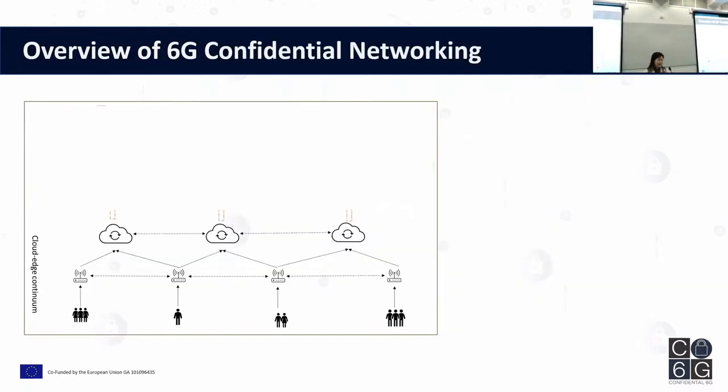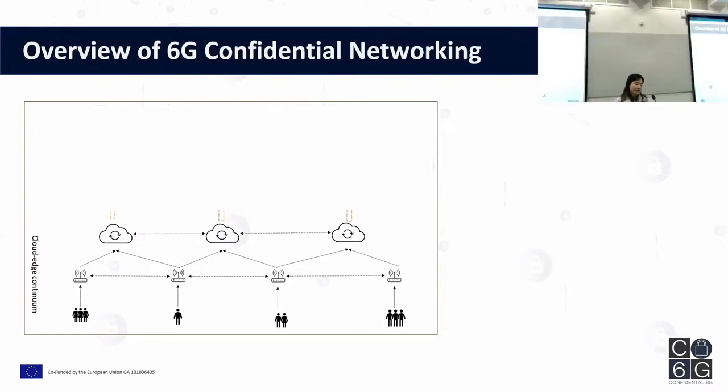So first is the basic problem. What is this confidential networking? As you can see here, the cloud, the edge device, and the users. These are a lot of different entities in the network, and when the different services and the data transmit between them, we have to make sure the data is protected.